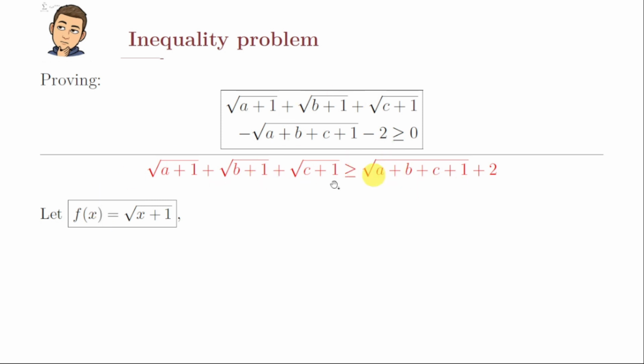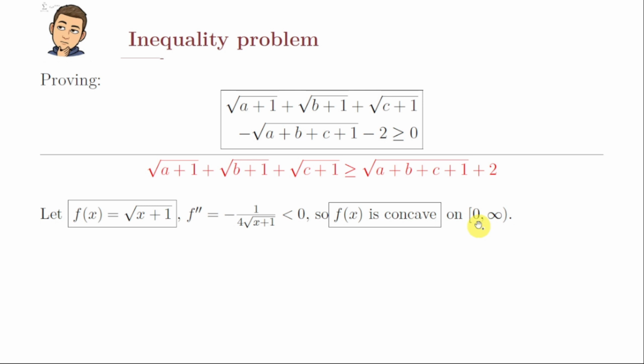This red one is just a rewriting of the original inequality. I will use the function square root of x plus 1, and this has a negative second derivative. And as we have seen before, this function is concave on this interval, x from 0 up to infinity.